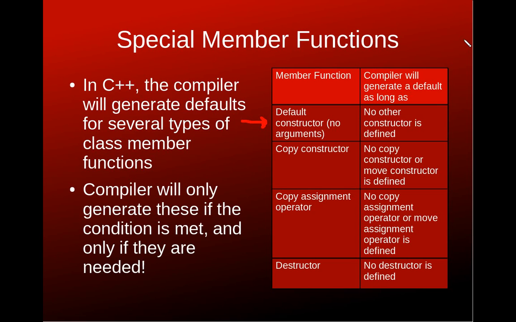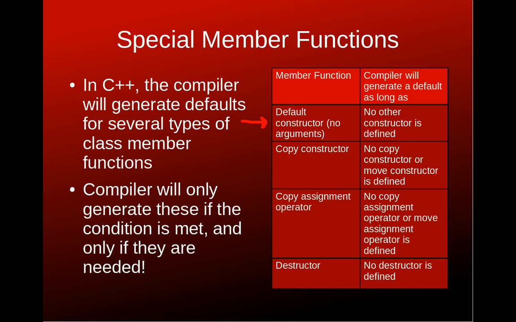So maybe you have a game engine structure where you pass it a screen device context or something along those lines, and it requires that to be able to construct itself. So if you have any other constructor present, the compiler will say maybe he doesn't want a default constructor, so I'll leave it out and let him implement that.